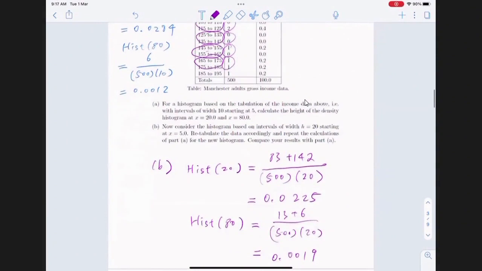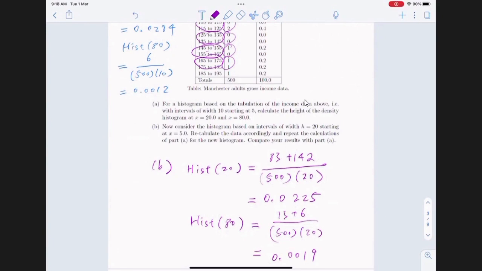You can compare the result of part B to part A. You see that the numbers do not differ too much. Of course, because we changed the intervals, these numbers are not exactly the same as the previous two numbers in part A, but they are not very different.